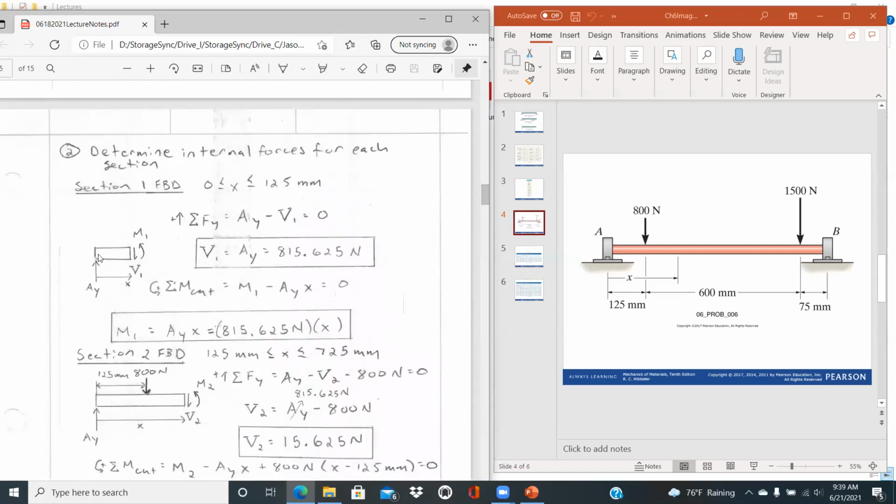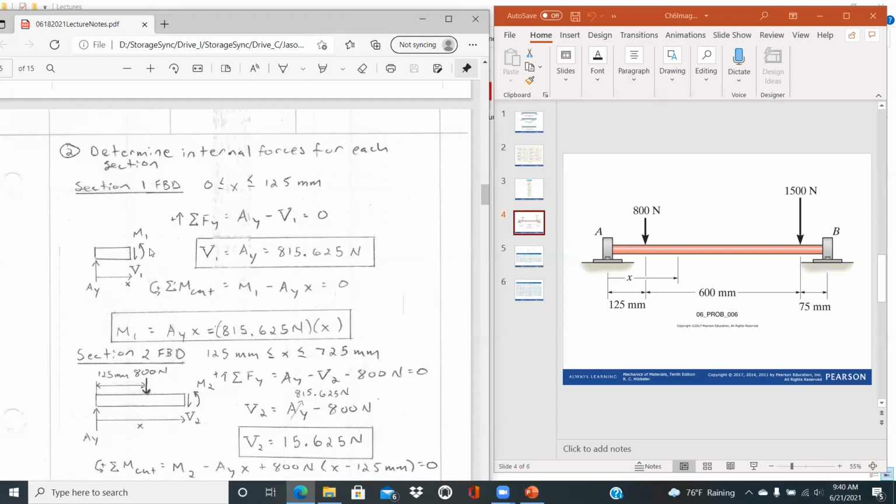And so we'd have AY going up, and then at the cut, we'd have a V1 acting down and a moment M1 counterclockwise. Again, we're maintaining that positive definition for how we're drawing these, so that we can represent V1 and M1 accurately with respect to the positive convention.